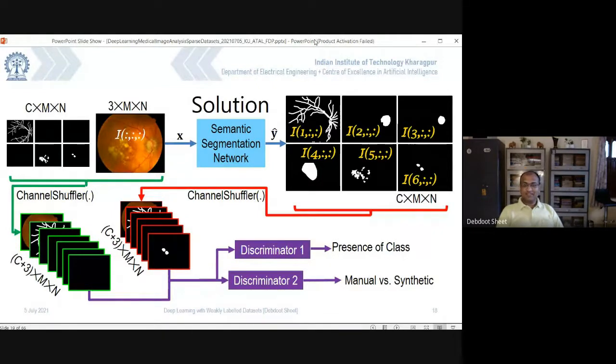Now, in order to train this, I will have to make use of 2 such learnable loss functions, which we called discriminators 1 and 2. Some of them will be adversarially attacking the semantic segmentation network, some of them will not be. I will show you what an adversarial attack exactly means, so you don't need to come with a preconceived notion of a GAN or anything.